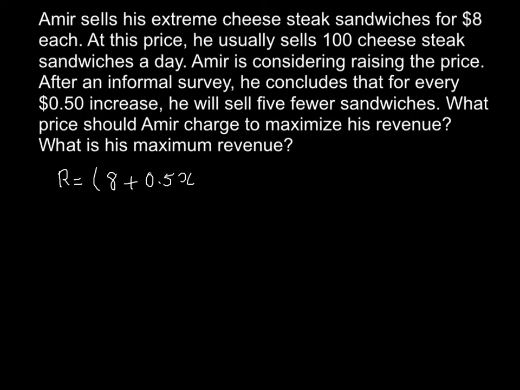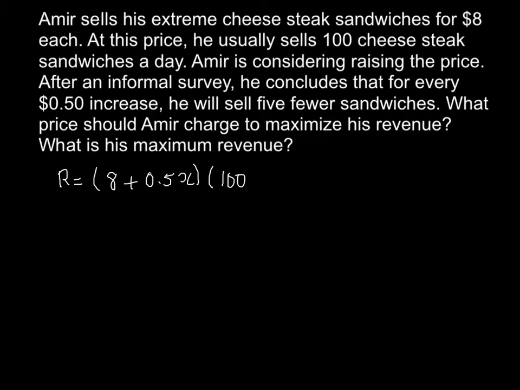Again, if I increase the price once by 0.5, the price is going to be 8 plus 0.5 times 1. If I increase it twice, it's going to be 8 plus 0.5 times 2. This is the price per sandwich, and we know that without the increase he sells 100 sandwiches, but every time he increases the price he sells 5 fewer sandwiches.